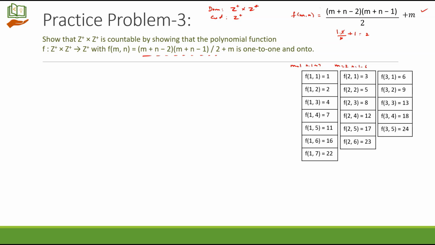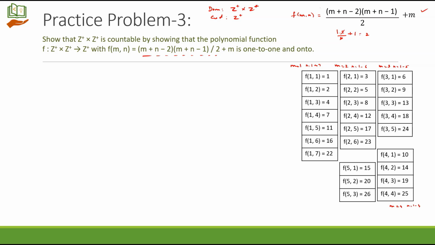Then m is equal to 3, n is equal to 1 to 5. Then m is equal to 4, n is equal to 1 to 4, then m is equal to 5, n is equal to 1 to 3. M is equal to 6, n is equal to 1 to 2. Why have I reduced n's value when m keeps increasing is simple. You can calculate for any number of values, but to explain something I need only these many values.